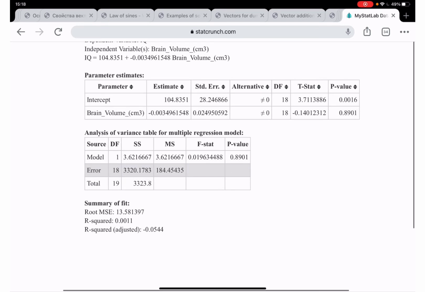Okay, so we have intercept and brain volume. As you can see, I didn't choose linear regression instead of multiple because it doesn't matter. If I put one x, it will automatically give us linear regression.